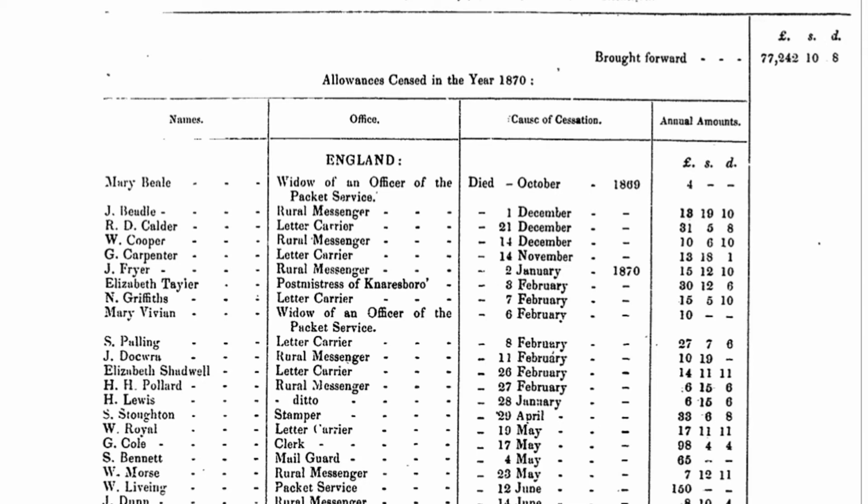And this is also an image of another parliamentary paper, this time for 1870, and it shows the allowances ceased when a pension stopped being paid. In most cases, this is because the person died.